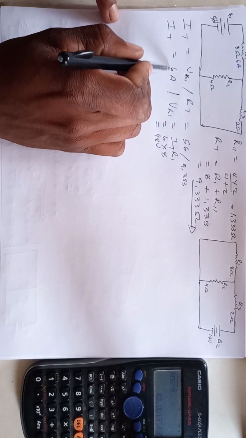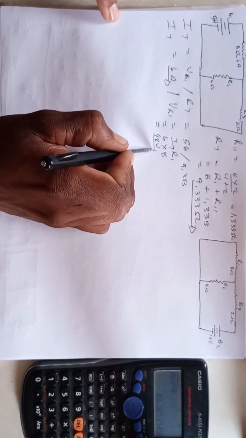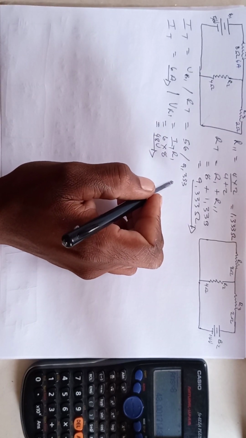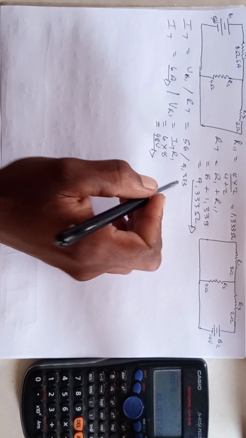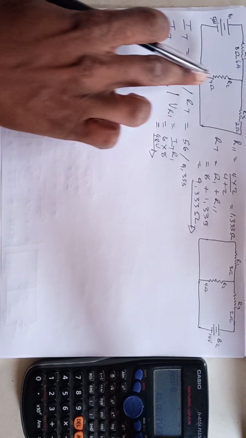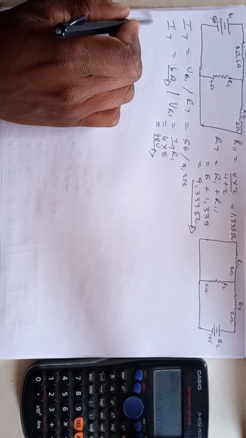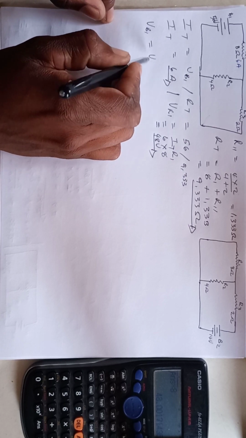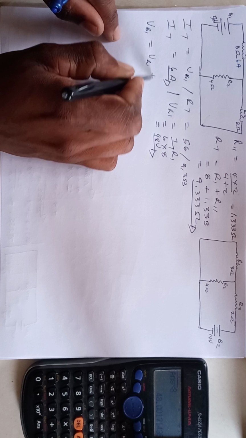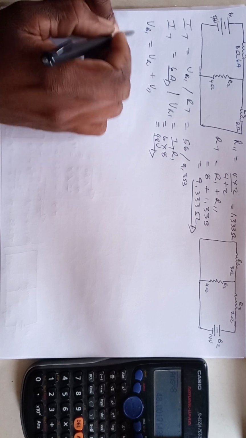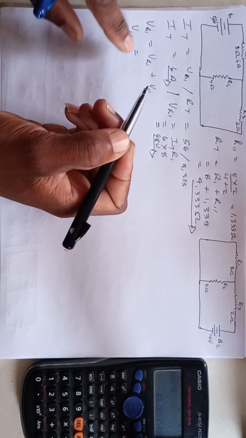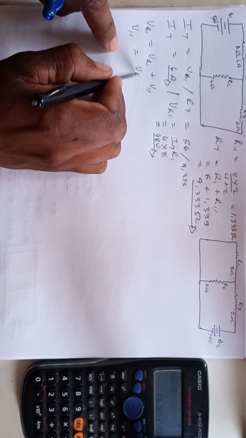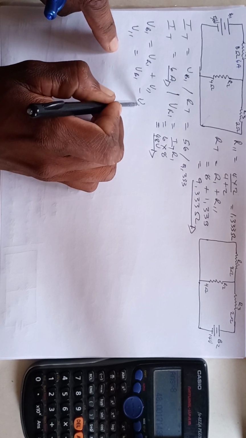Let us use this volt drop to calculate the volt drop across the parallel. VB1, we know, must be equal to the sum of the voltage across R1 plus the voltage across the parallel. So the voltage across the parallel will then be VB1 minus VR1.